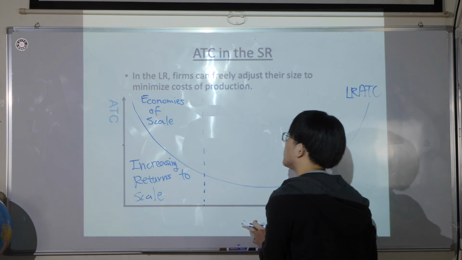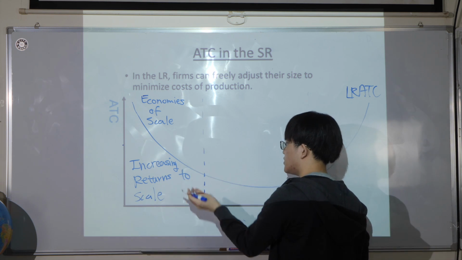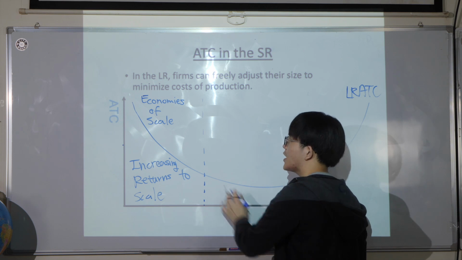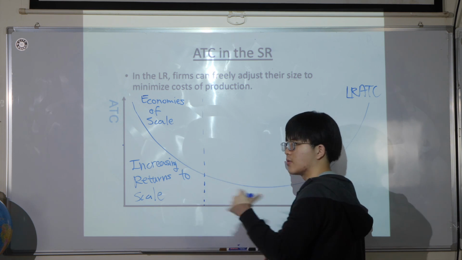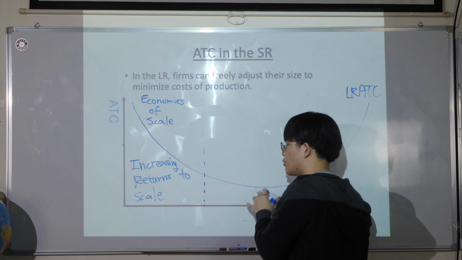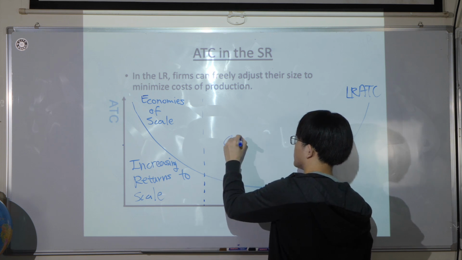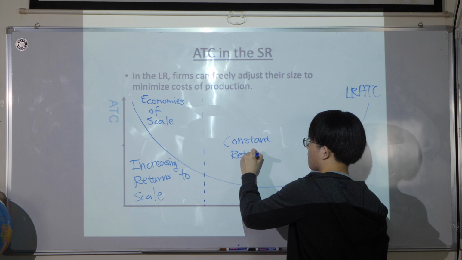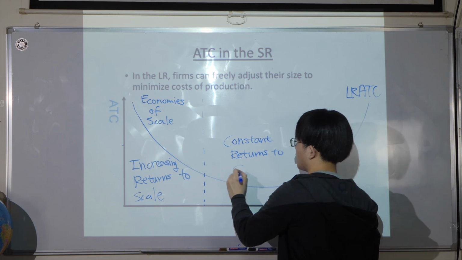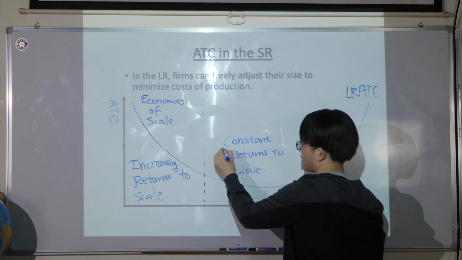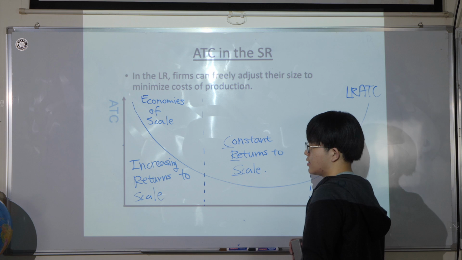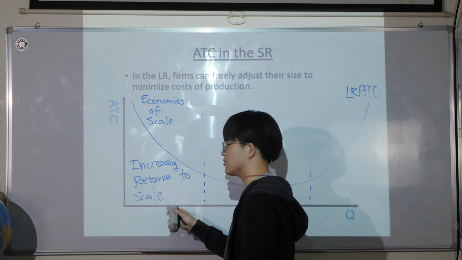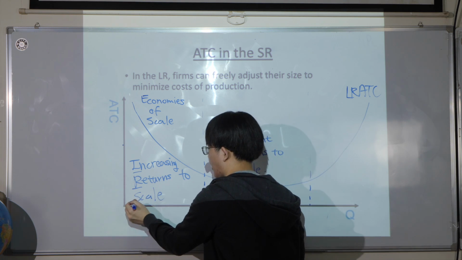And in the middle, we have constant returns to scale. We don't have any term related to economies of scale or diseconomies of scale, we only have the term constant returns to scale. I will abbreviate it as CRS, and increasing returns to scale as IRS.